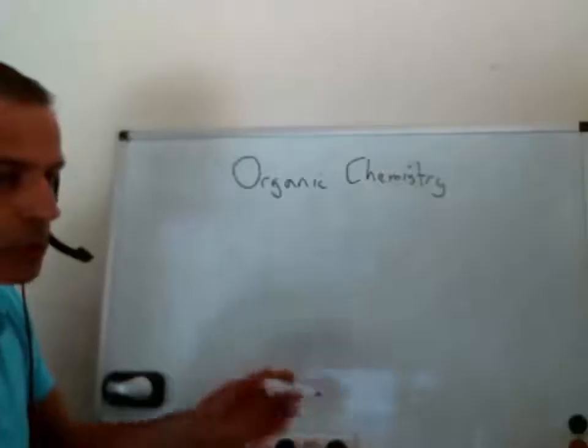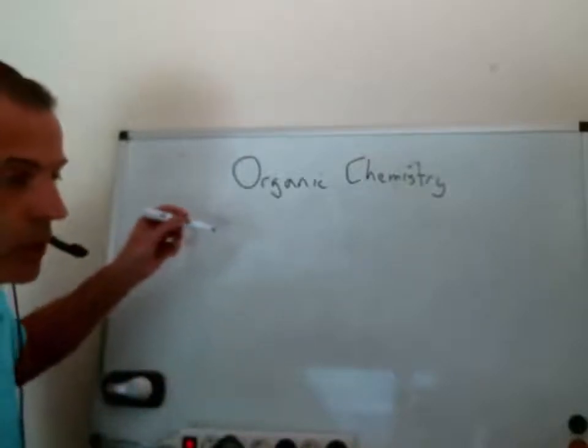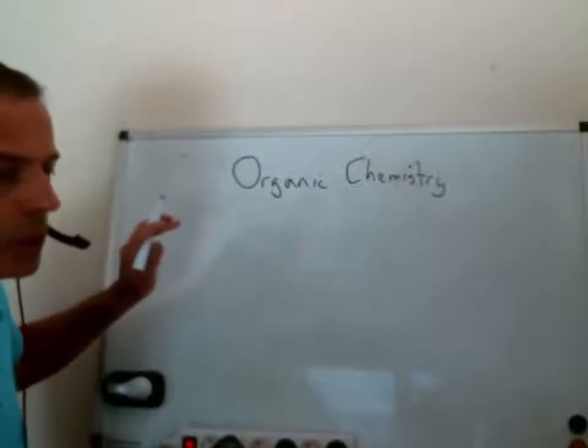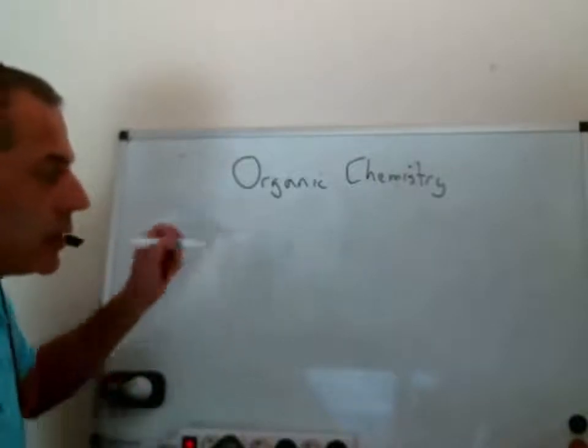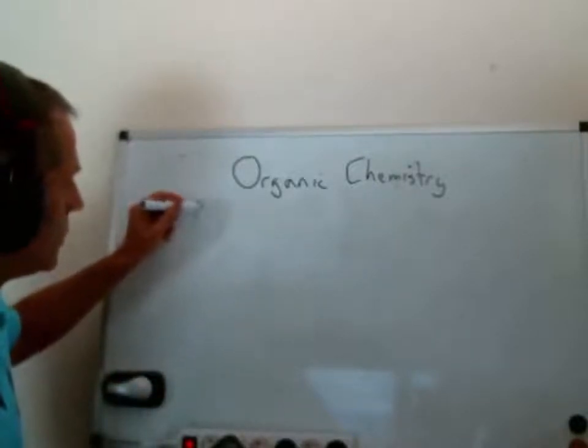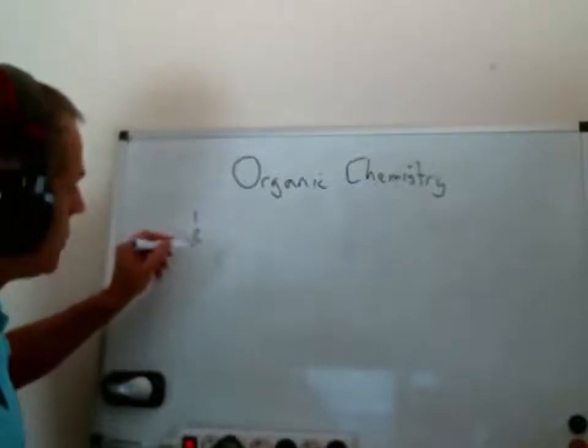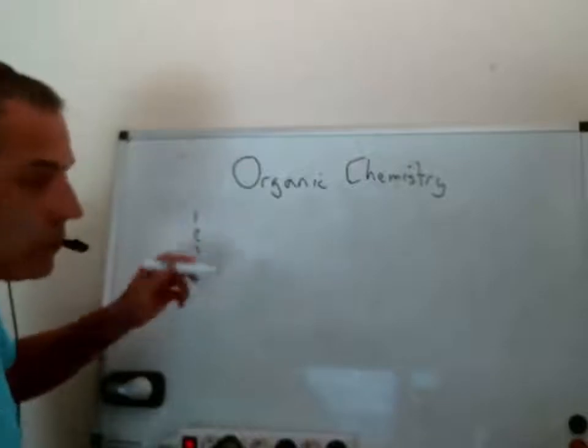So if we start simply with the naming of linear carbon chains, we have a few weird ones at the start, which are methane for 1, so 1 methane, 2 ethane, 3 propane, and 4 butane.